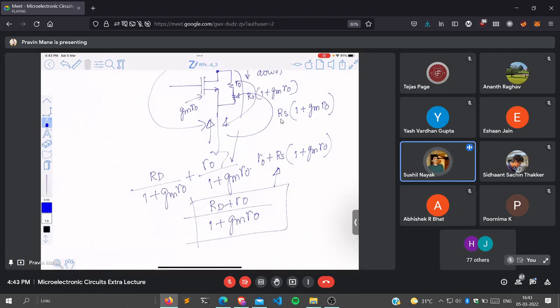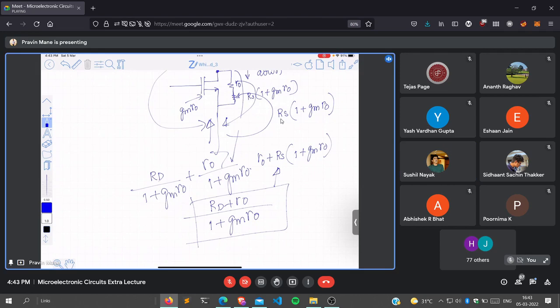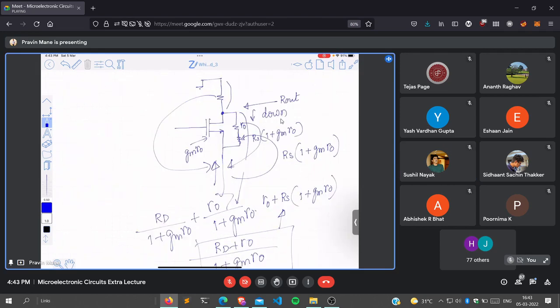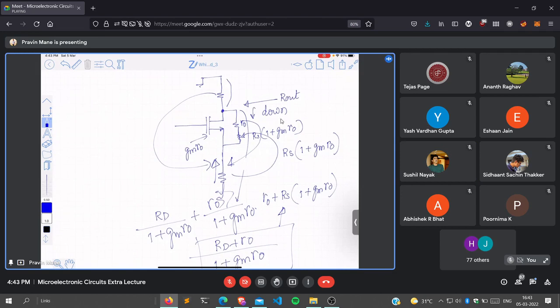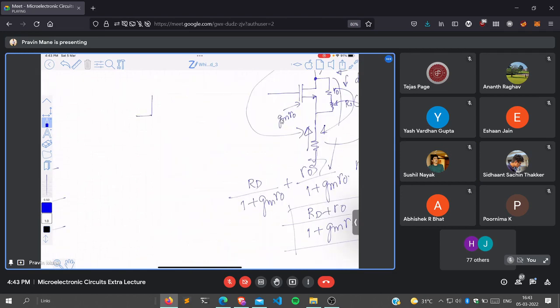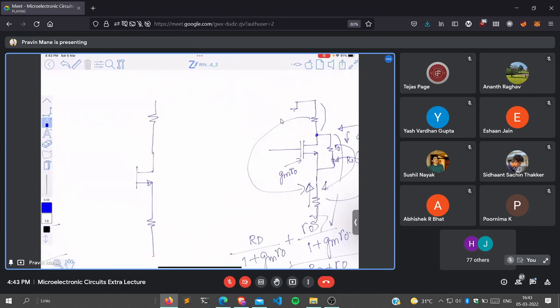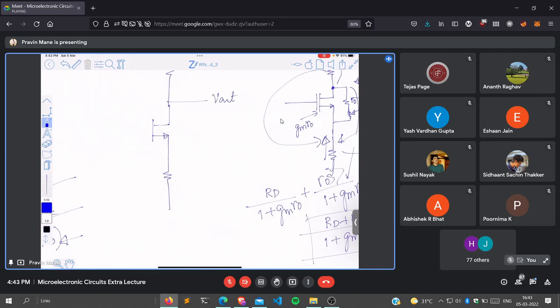So when you say looking at the source, do we have to look above RS or below RS? If suppose already some resistance is there here, then see. Suppose I am Vout here, and there are two ways I have to look into it. Suppose I am looking from this side, because this is connected to ground.